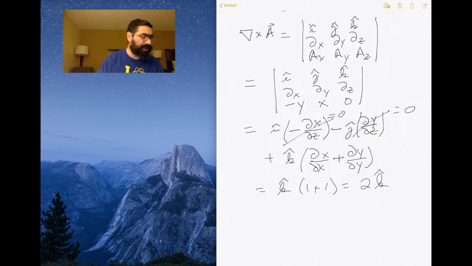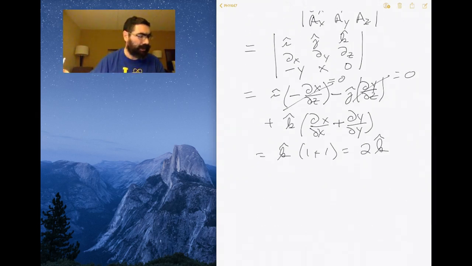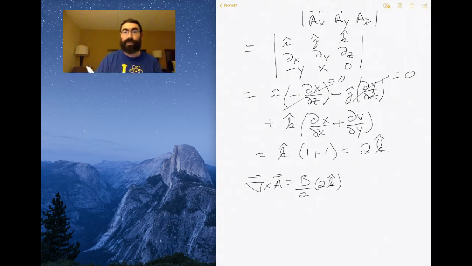in the z direction. And what I actually left out of this derivation was the 1/2 B. So really, what you should really get is the curl of A is 1/2 B times 2 times the unit vector in the z direction.